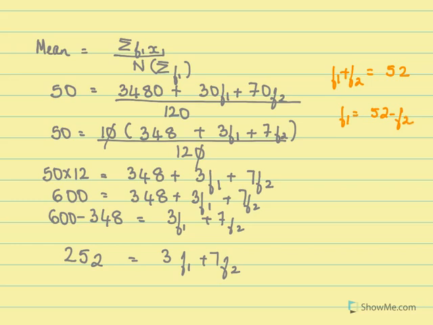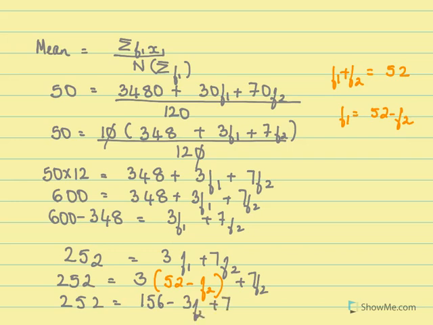We'll put the values here. So I get 252 equal to 3, for the F1, I'm going to put 52 minus F2, and this is plus 7F2. So 252, 3 into 52 is 156 minus 3F2 plus 7F2.